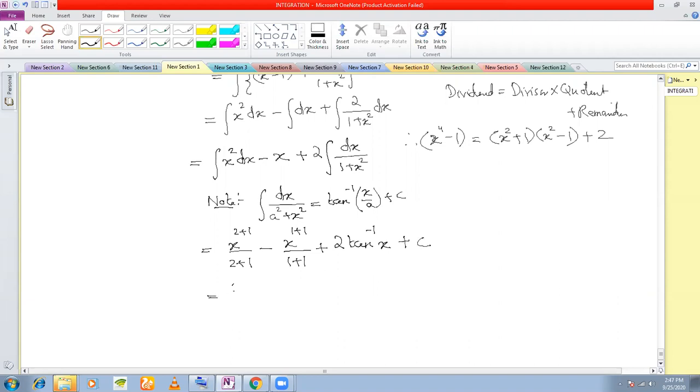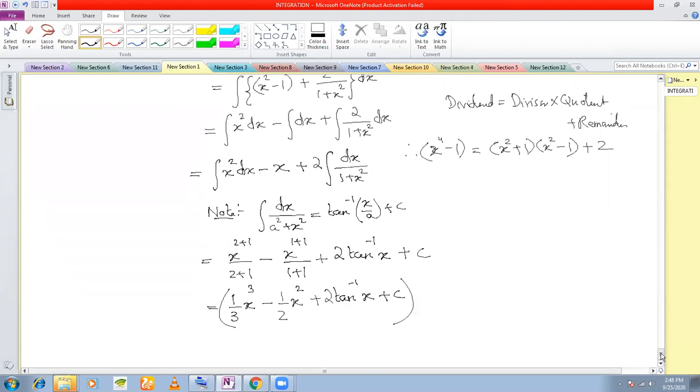So what are you getting? 1/3 x cube minus half x square plus 2 tan inverse x plus c, where c is a constant of integration. Okay, so this is your answer.